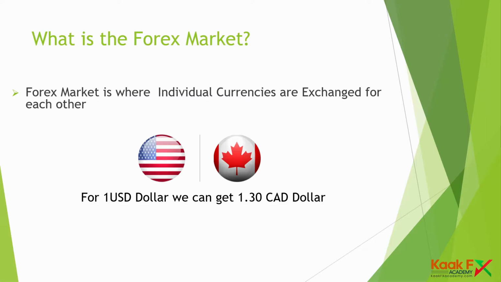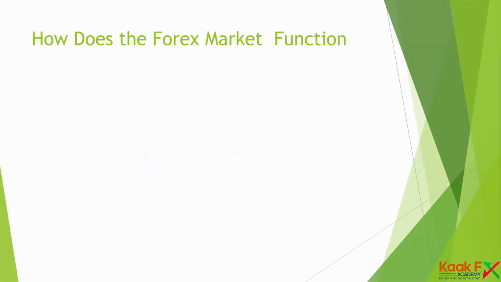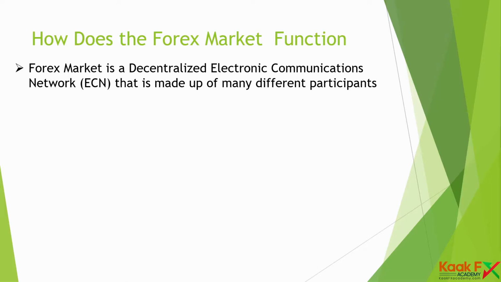We can get $1.30 Canadian when we go to the Forex market and exchange it. Similarly, we can trade euro for the British pound, Australian dollar for the New Zealand dollar, and many more, hundreds of other currency pairs.